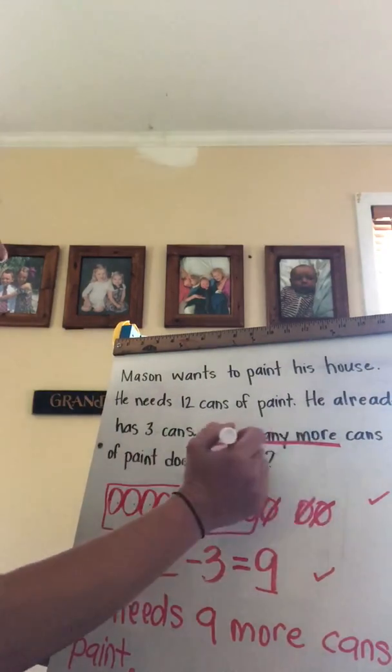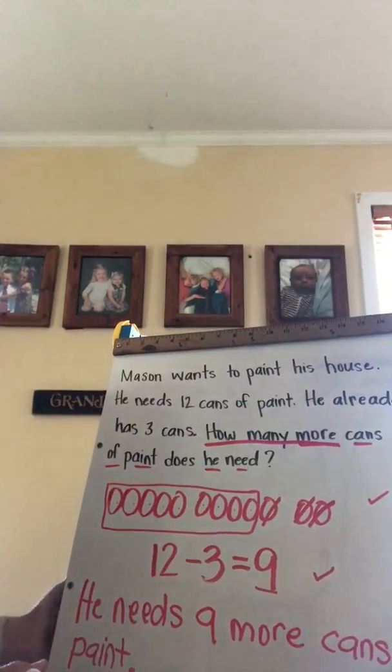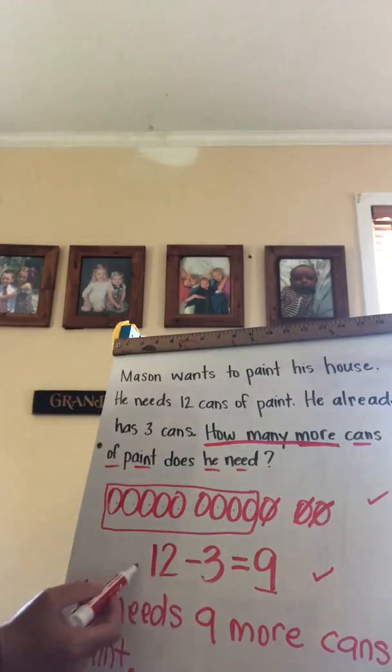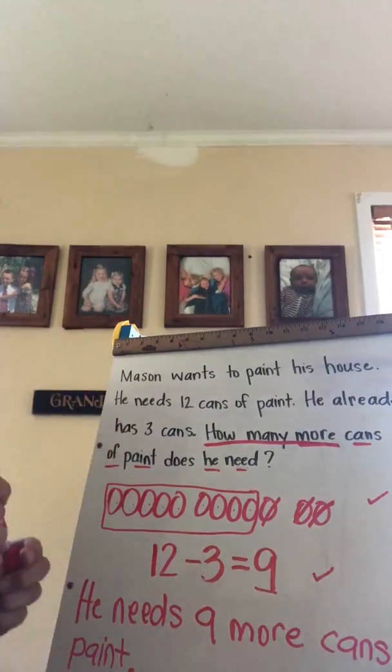He needs 9 more cans of paint. Now I've been able to solve my problem by showing a picture, a number sentence, and a regular sentence to answer the question.